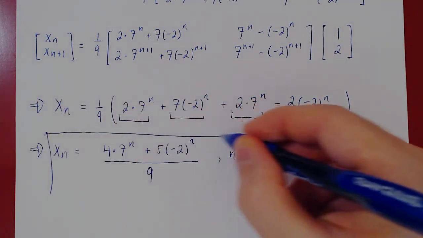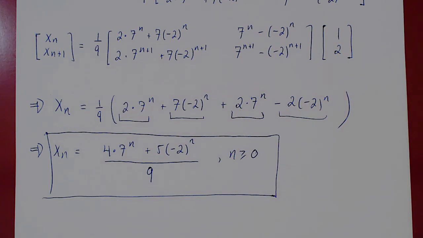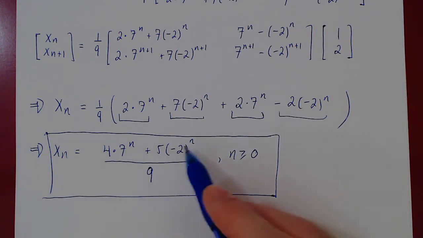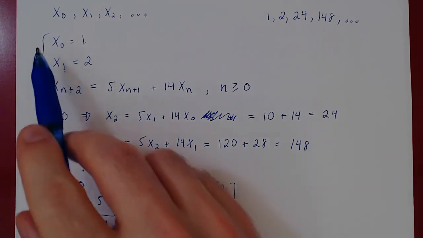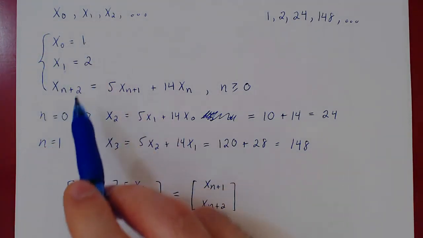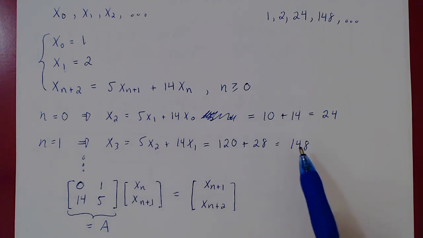And you see, you no longer need the recurrence to find the terms of your sequence. You have a formula now. For any given term of your sequence, if you want the nth term, plug n in here, and you'll have the term. Well, let's check this out. Let's go back to our sequence. We had found that x0 was 1, x1 was 2, x2 was 24, x3 was 148.